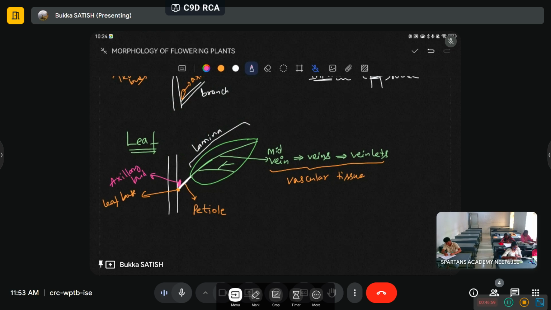This axillary bud either develops into a branch, that is a vegetative branch, or it can develop into a flower. As we know, a flower is a modified branch only. So either a branch will develop in vegetative growth or a flower will develop from this axillary bud only.